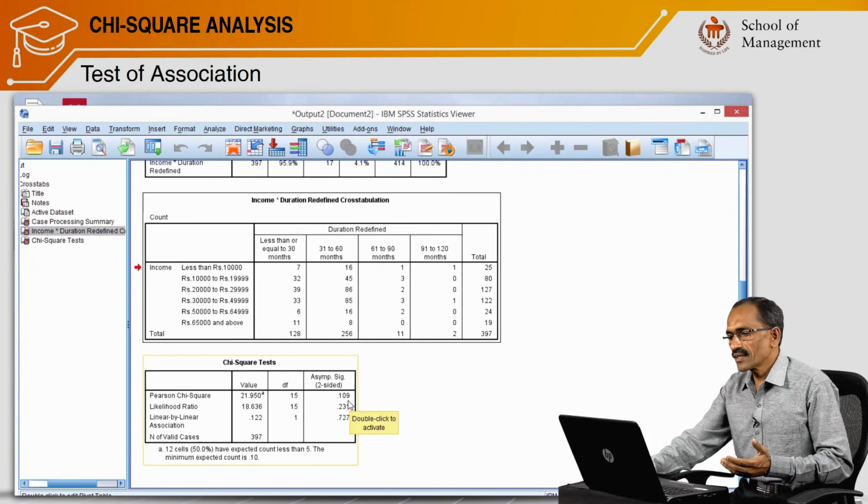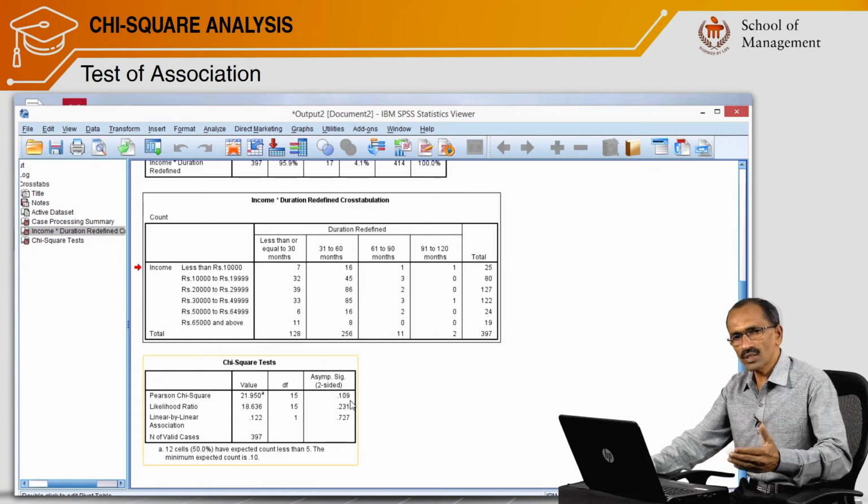But unfortunately, we have got here 0.109, that is above the threshold level, that is 0.05. So we fail to reject the null hypothesis. Let's recall what was our null hypothesis for this test. The null hypothesis for this test was there is no association between duration of visiting cyber cafe and income.